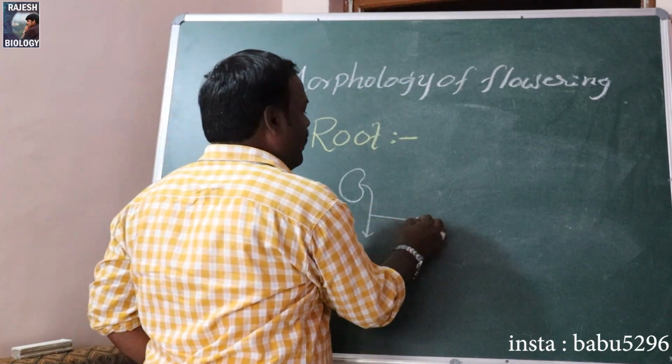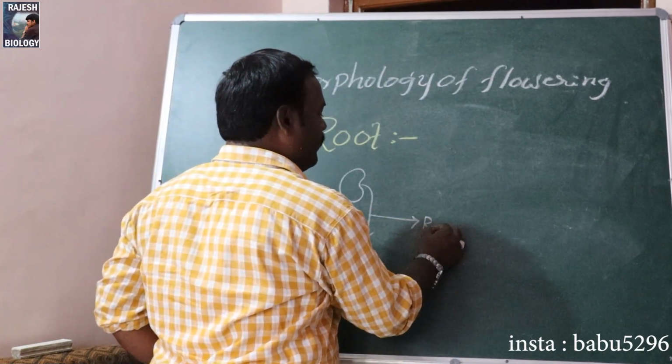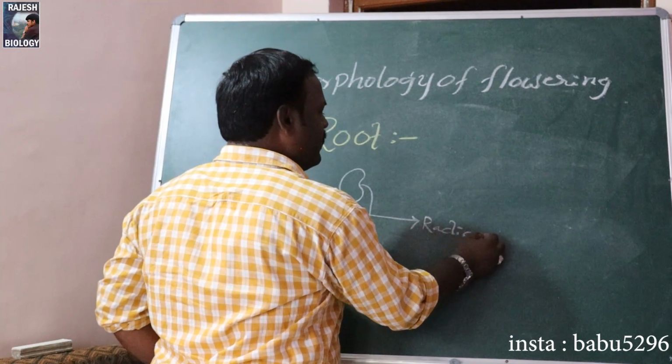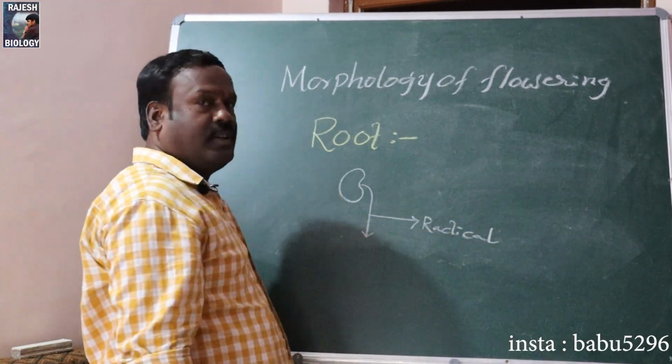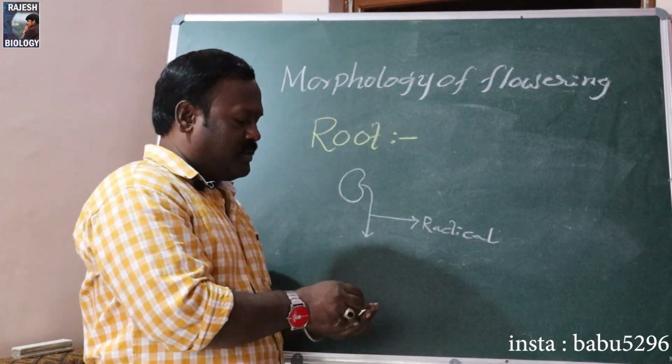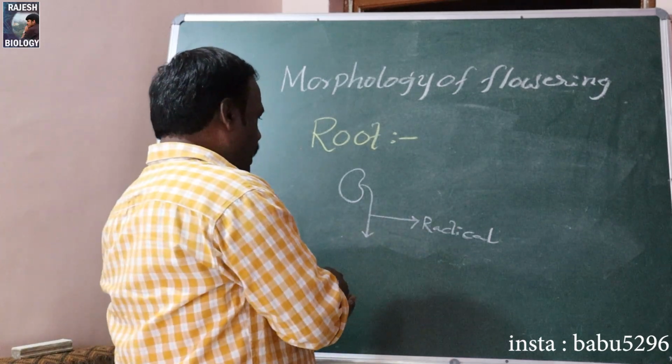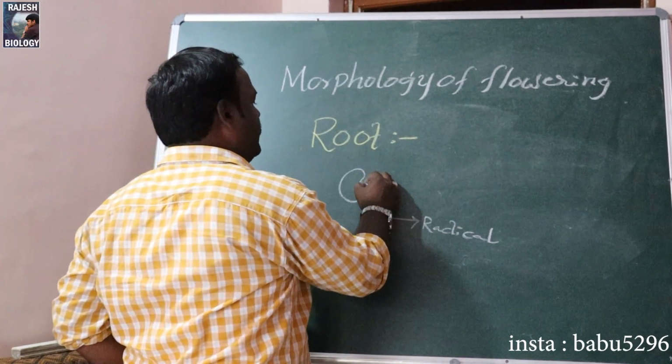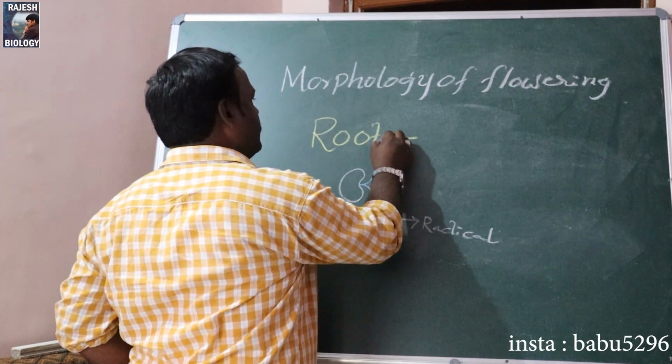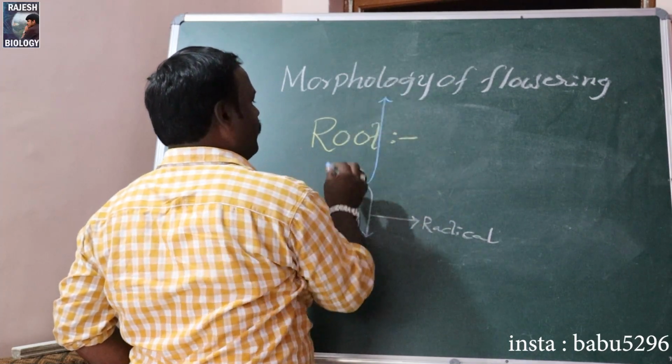This is called radicle. And one more thread also comes from the seed and it enters into the atmosphere.